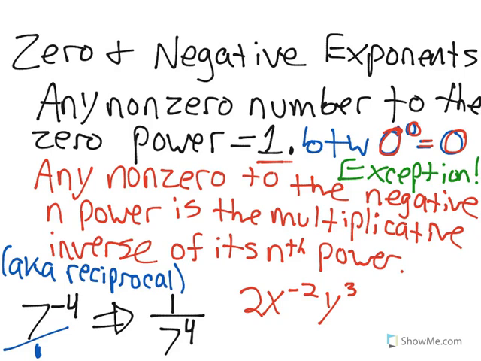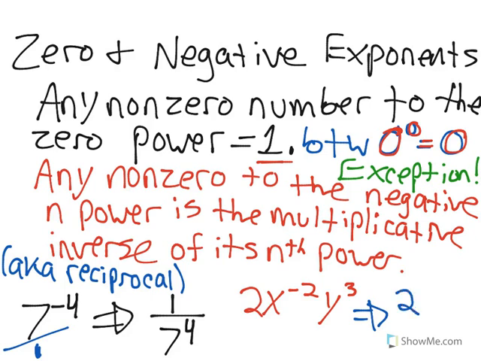The 2 doesn't have a negative exponent, only the x does. So in this example, only the x squared is going to go to the other end of the fraction. It's over 1 right now, but we don't really need that. I just wanted you to see it's in the top of the fraction. If you don't see a fraction, everything's in the top because it's over 1. Anyways, that 2 does not have a negative exponent, so the 2 is still going to be on top.